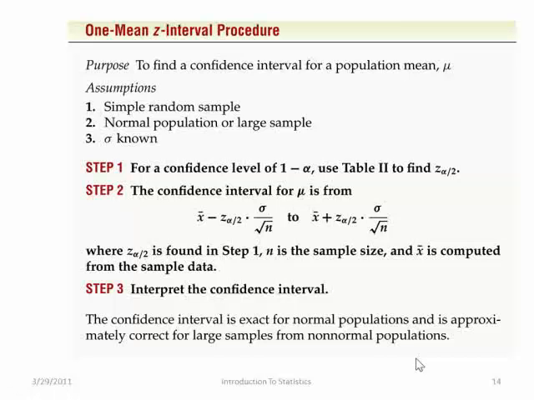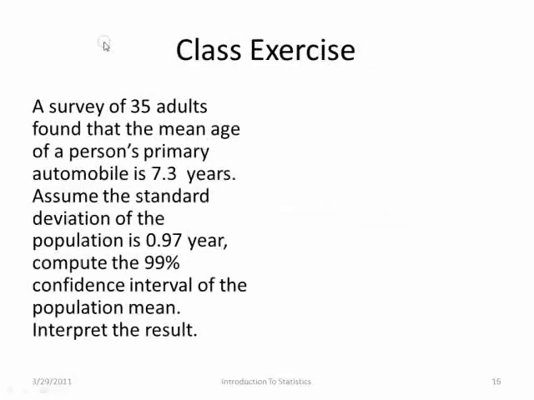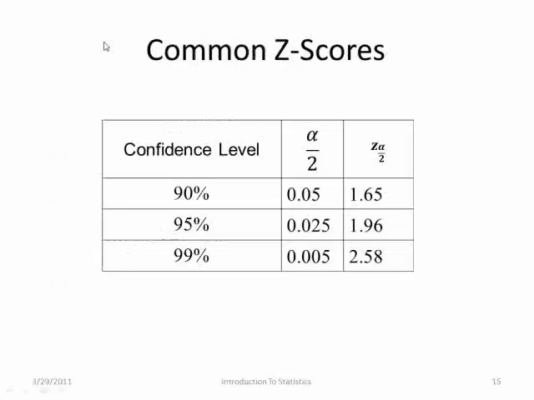And then one last slide before we actually get into some number crunching. Some popular confidence levels for you to use are 90, 95, and 99% confidence. Notice that the 90% confidence level corresponds to an alpha level of what?